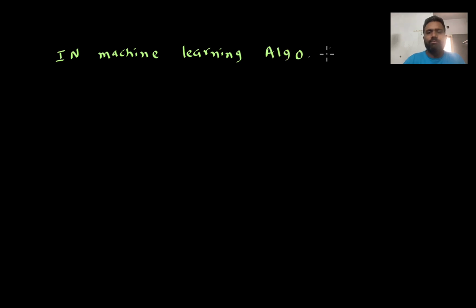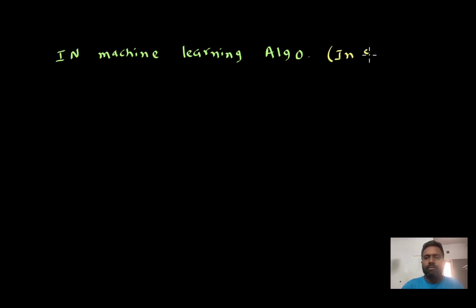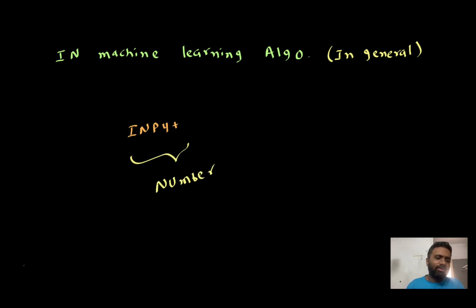So in a machine learning algorithm, in general, any input will be encoded into binary or number format. So there is certain input, let's say it is encoded into binary or number format, and there is some unknown function f which machine is supposed to learn.